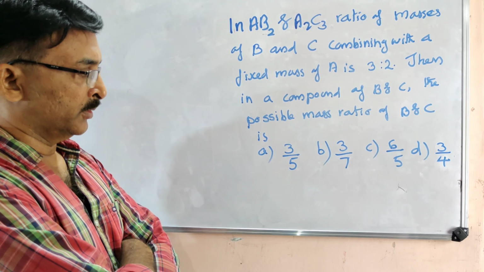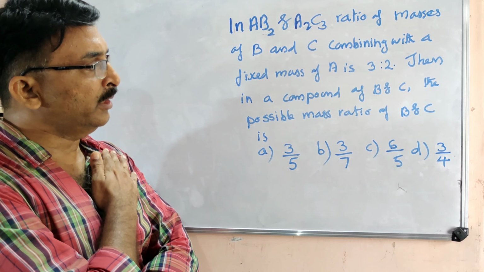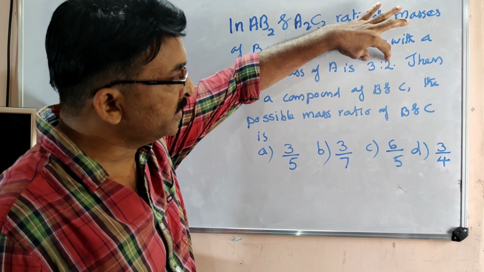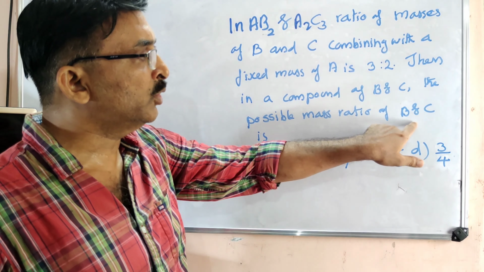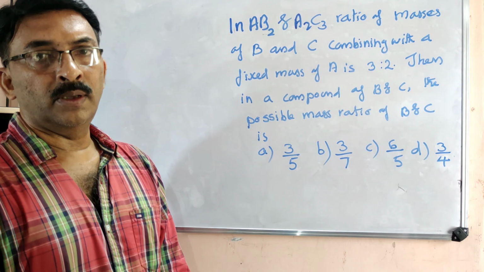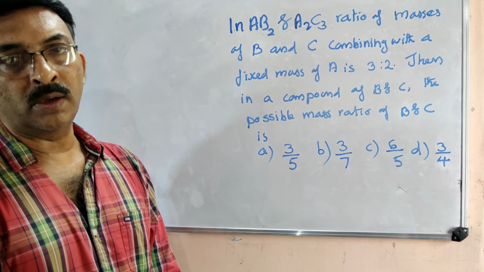Four ratios are given. We have to select the best. As per the law, the ratio B to C here and the real ratio of B and C will be related by a whole number.